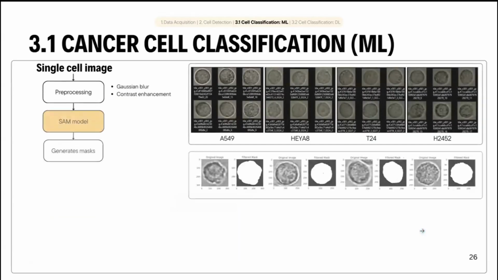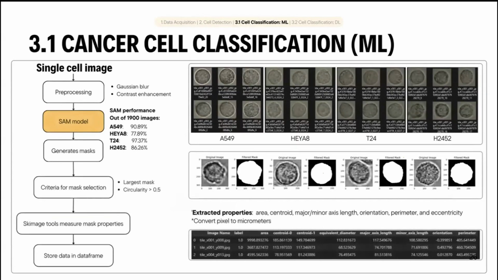And for the results of the machine learning cell classification, it shows the performance of the mask selection by SAM, where it has the lowest and was said to be the best number of images of each cell line. The scikit-image library is used to extract the masks' properties like area, perimeter, and eccentricity, and convert them from pixels to micrometers.